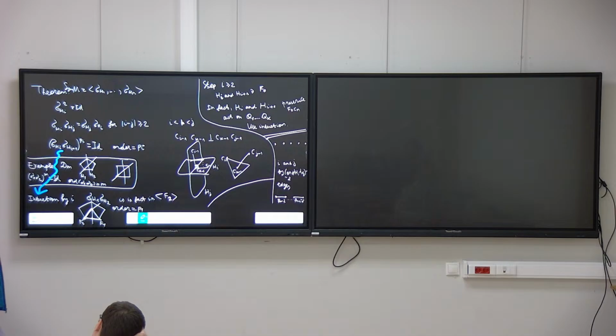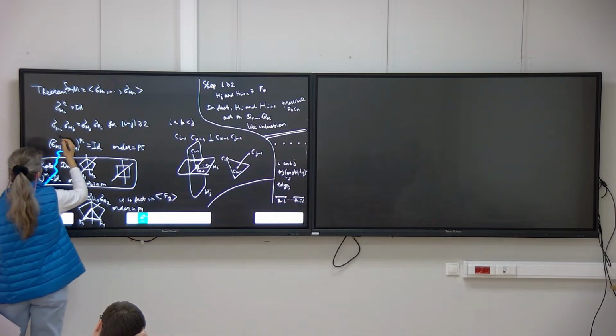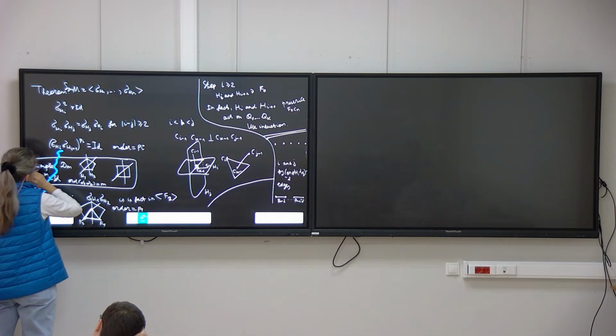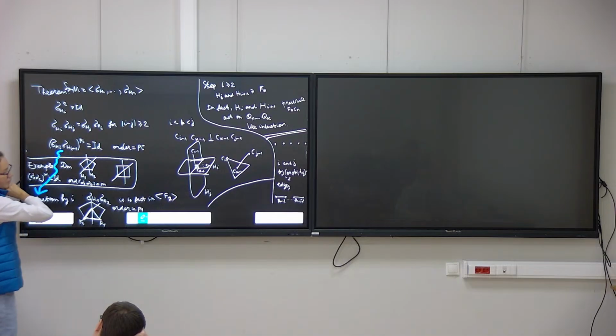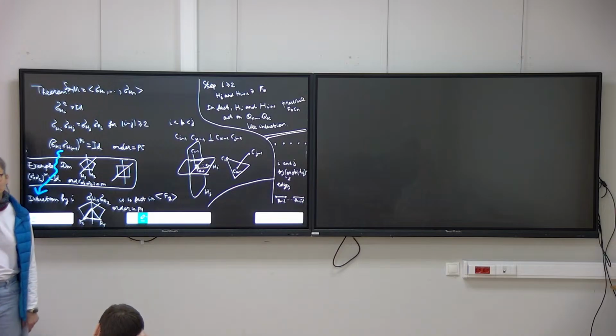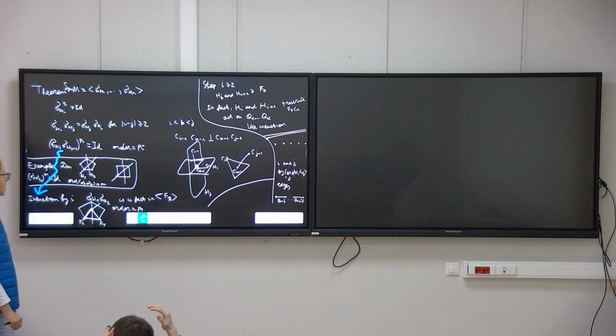If we take sigma Hi and sigma Hj, and we assume that j is greater than i, suppose that j equals i plus 1. Then we can perform this construction.